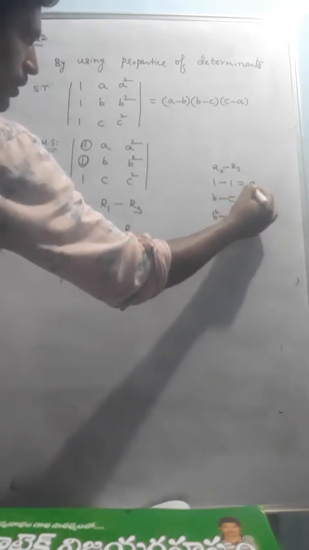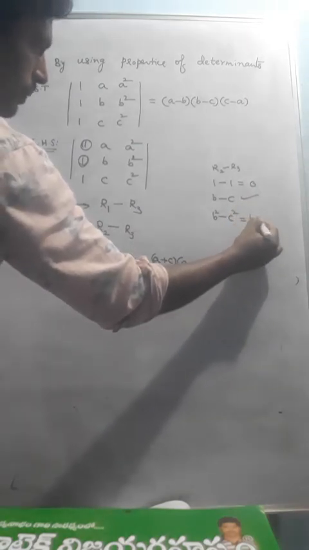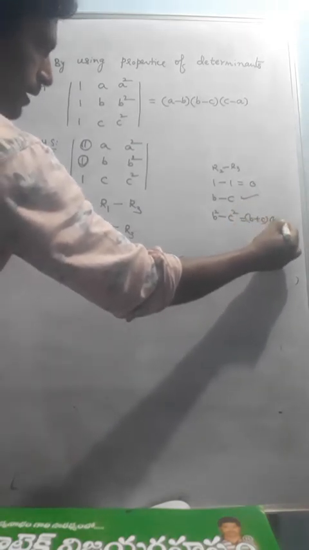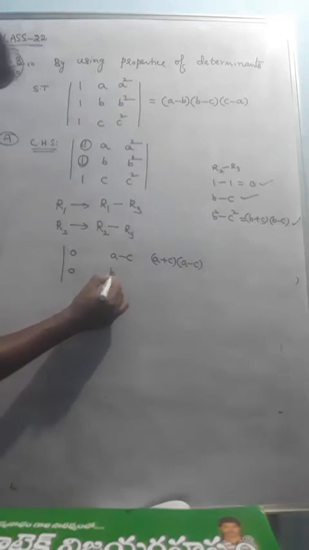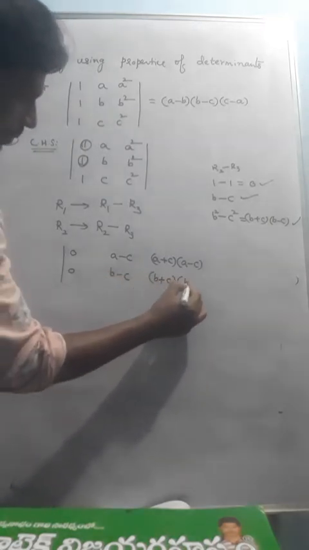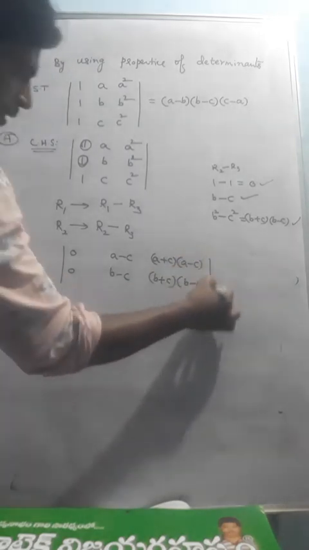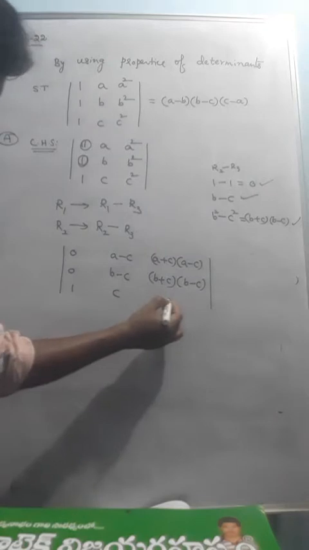So 1 minus 1 is 0. This is B minus C, same as it is. B square minus C square means B plus C into B minus C. So write these new values in the R2 place: 0, B minus C here, B plus C into B minus C. R3 same as it is, so R3 is 1, C square.